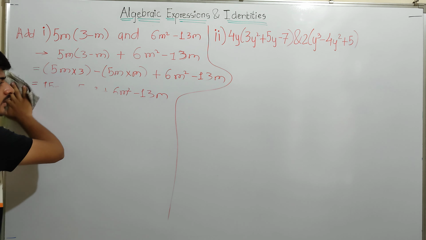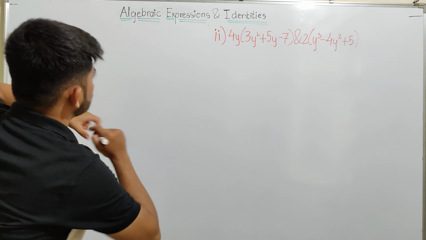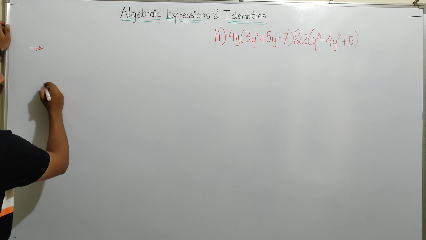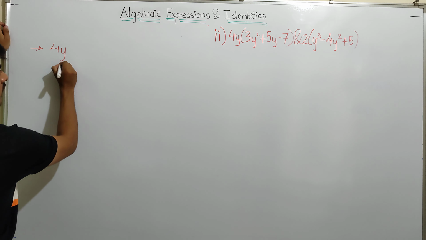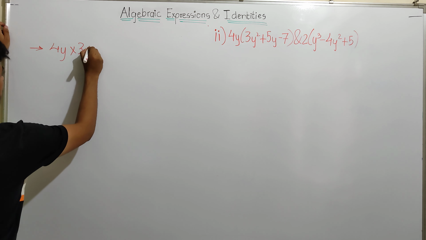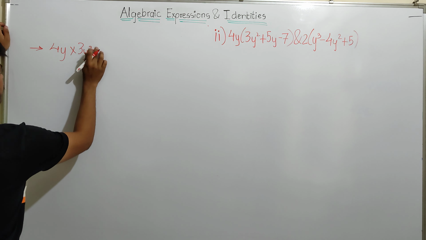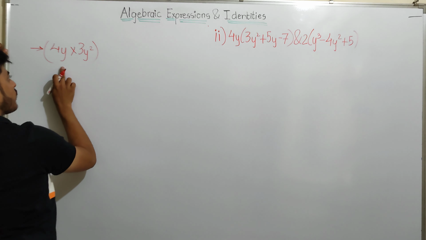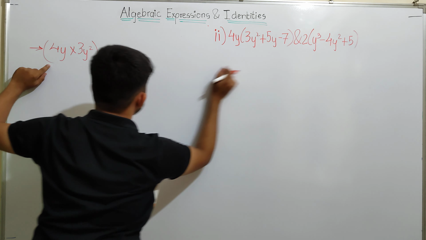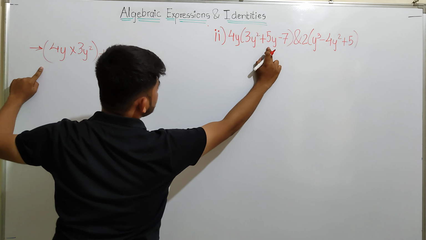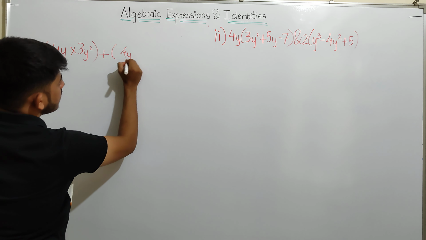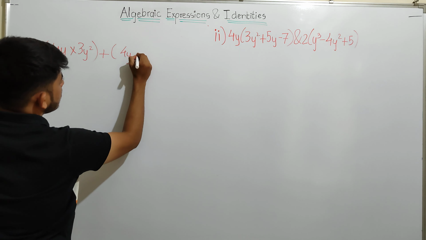So now the same question which I've written on the board, using the distributive law, as they have shown. 4y into 3y square will come in the first bracket itself, bracket close, plus symbol as it is, 4y into 5y.